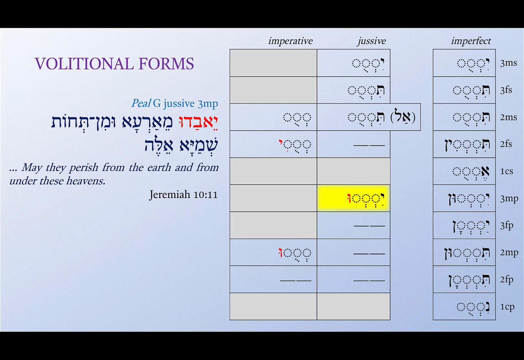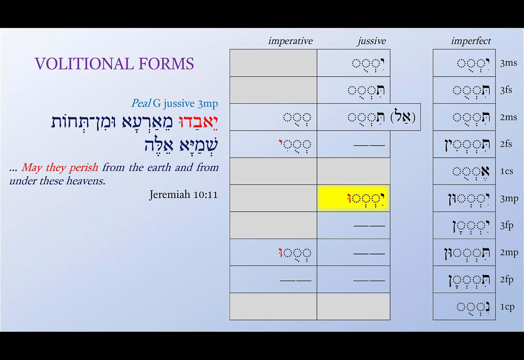So unlike Biblical Hebrew, which depends on roots to have different forms between imperfect and jussive, it's actually the suffix on third masculine plural that helps us to know that this form in red in Jeremiah 10:11, may they perish, from the earth and from under these heavens, must be a jussive.